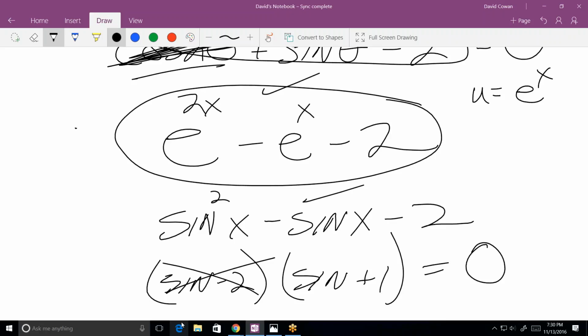And then you'd end up with u squared minus u minus 2, and I can factor that real easily. And then when you're done, substitute the e to the x for the u. You can do the same thing with trig functions. Use u substitution, and then just factor that equation, and then resubstitute before you have an answer.